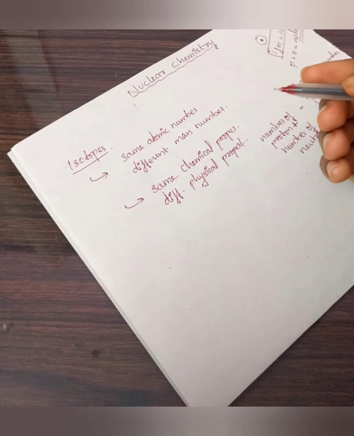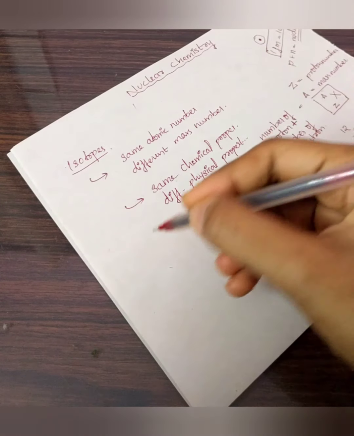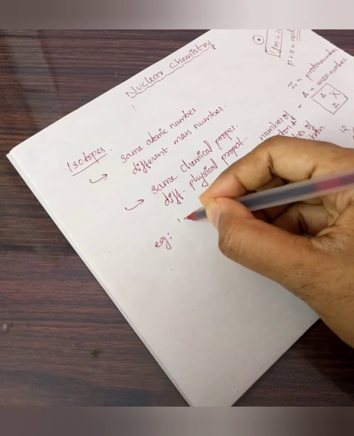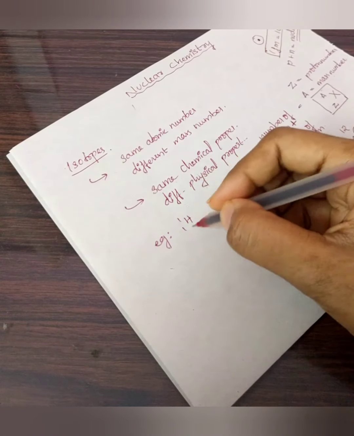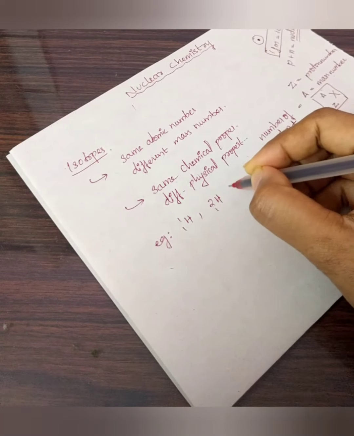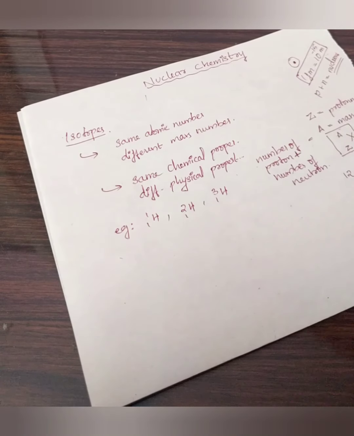As an example, we have protium, deuterium, tritium. This is the representation of protium. Deuterium will be like this, and tritium will be like this. So these are isotopes of hydrogen.